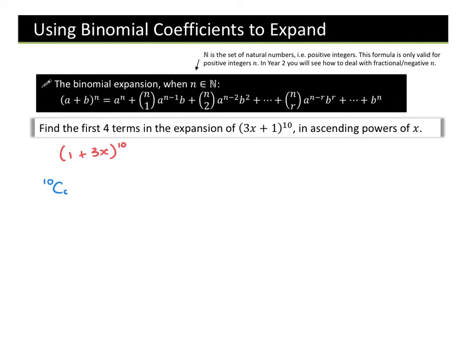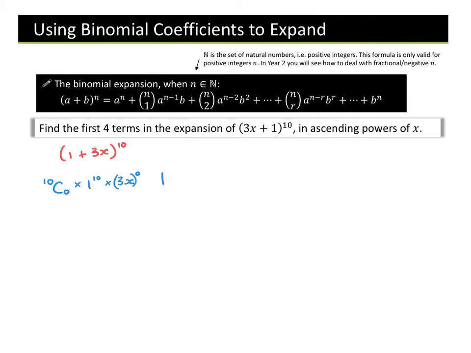So 10 choose 0, which we know is 1 anyway, multiplied by 1 to the power of 10 multiplied by 3x to the power of 0. Okay. Over time, I'm not going to write that. But that is our first term. Everyone happy?